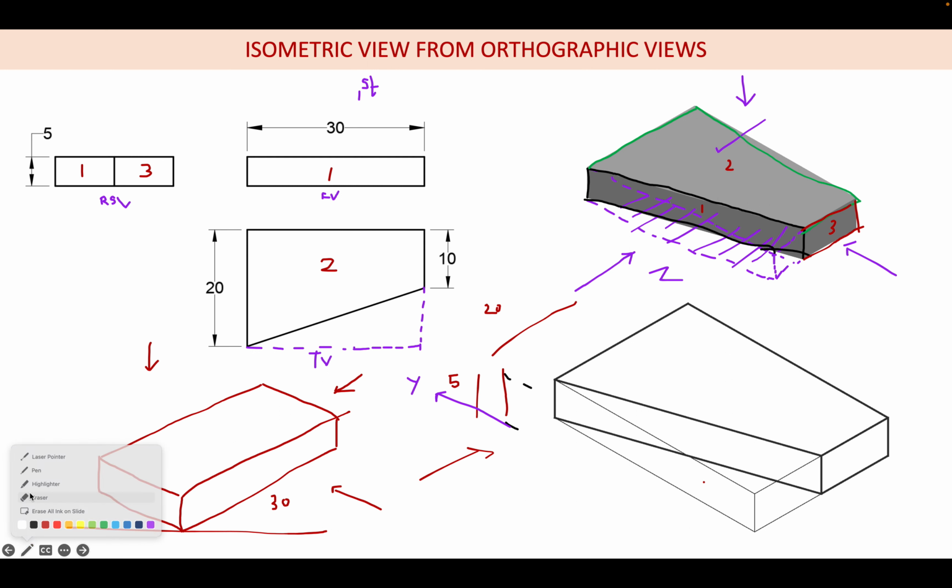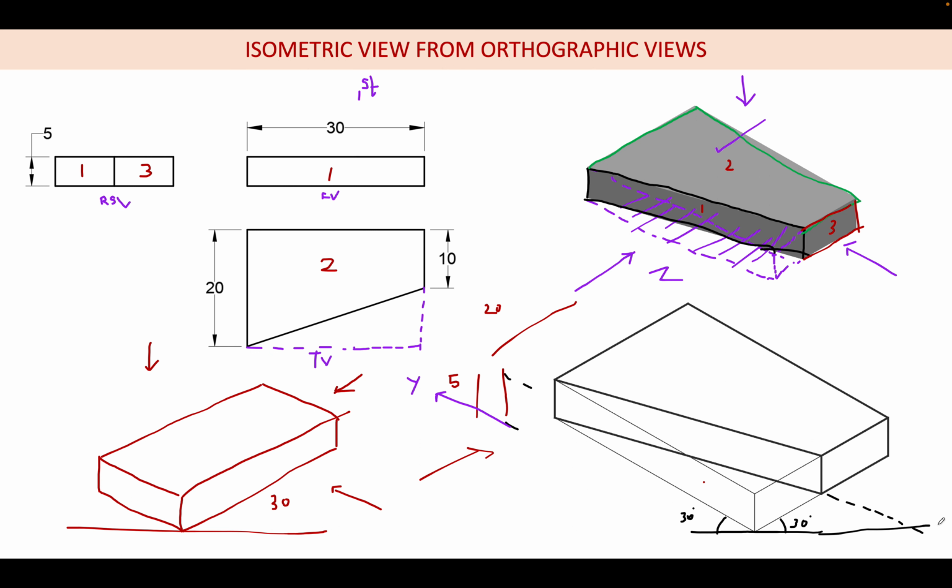If I draw the reference line, this will be 30 and this will also be 30. However, this angle will not be 30. This will be some other angle. I think it is less than 30, this one. Okay, so this is the thing.